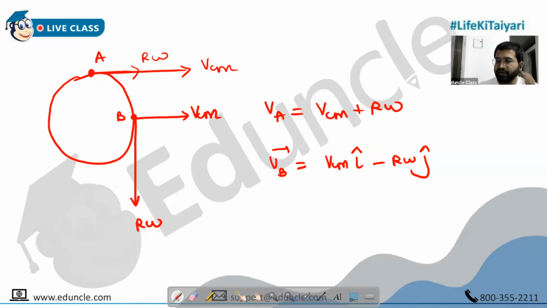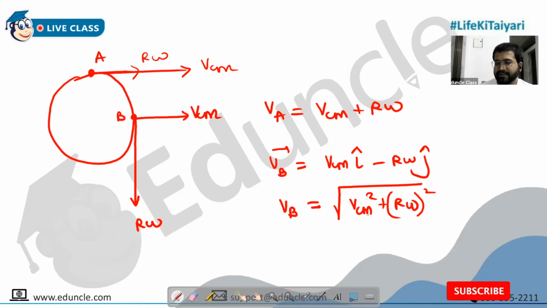So the magnitude will be added directly. Here the magnitude cannot be added directly, because one is along the x-axis and another is along the negative y-axis. So minus j cap. In that case, the magnitude of VB, the speed at B, will be under root of x square plus y square. So under root of VCM square plus r omega square. I hope you are with me.